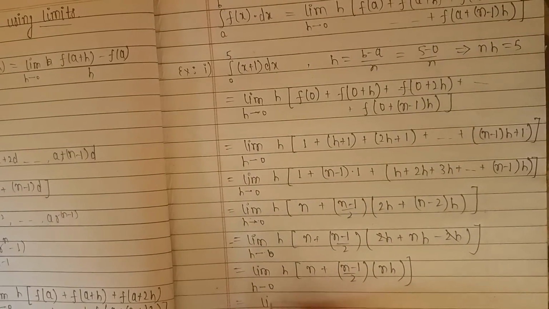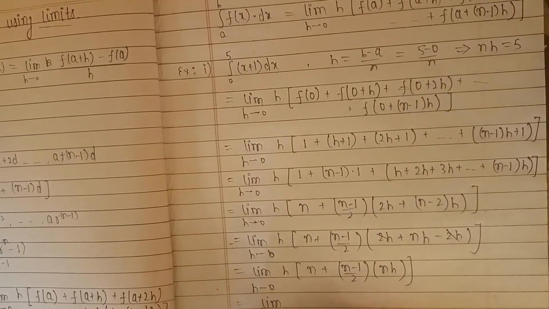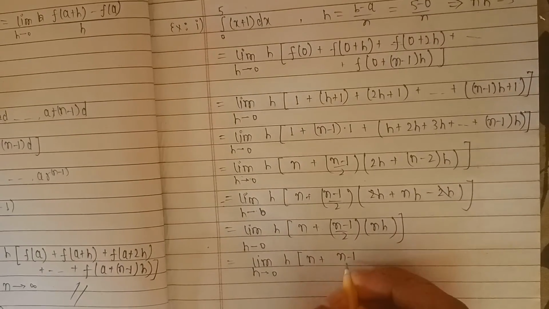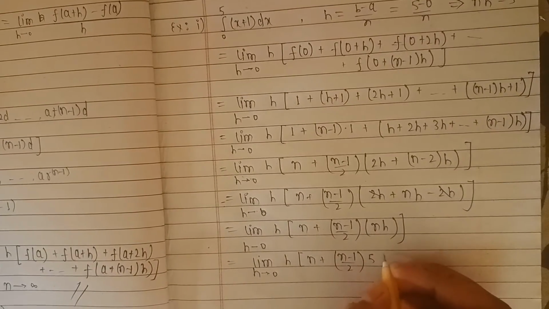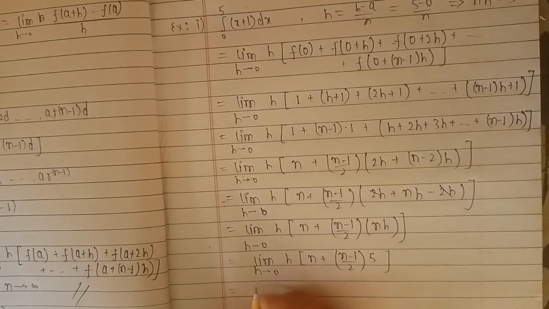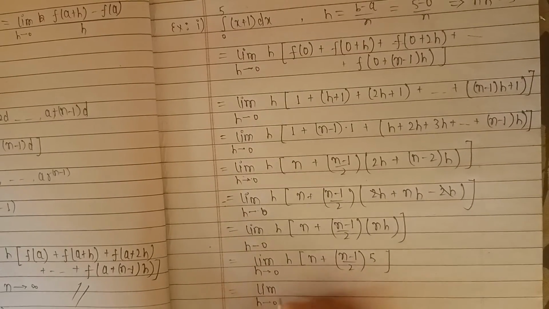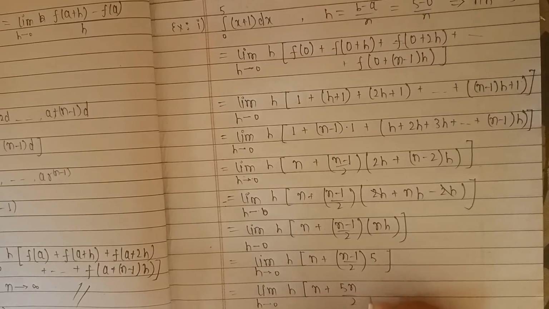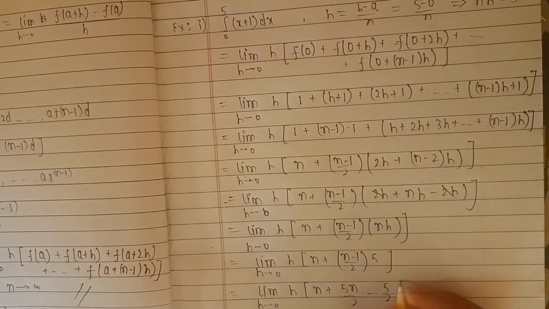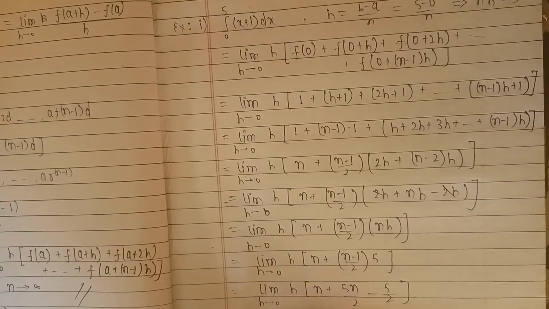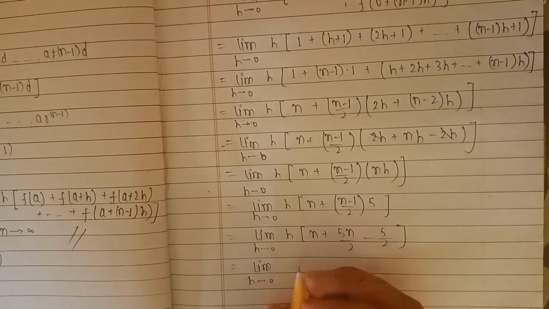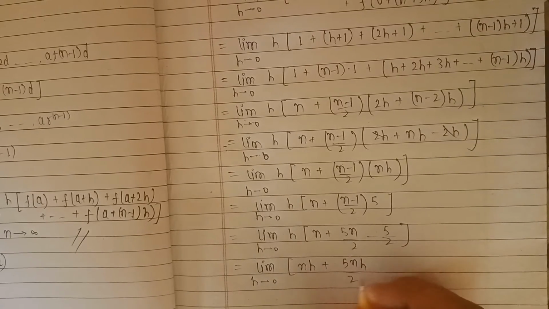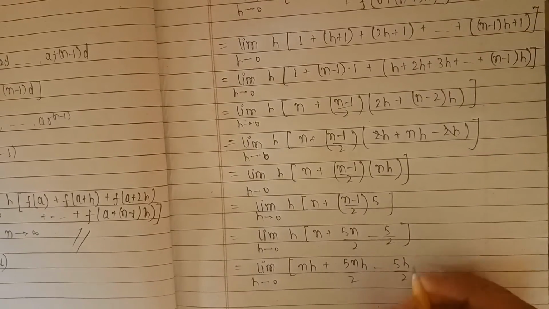So using that nh equals 5, we get limit h tends towards 0, h times n plus n minus 1 by 2 into 5, which is equal to limit h tends towards 0, hn plus 5nh by 2 minus 5h by 2.